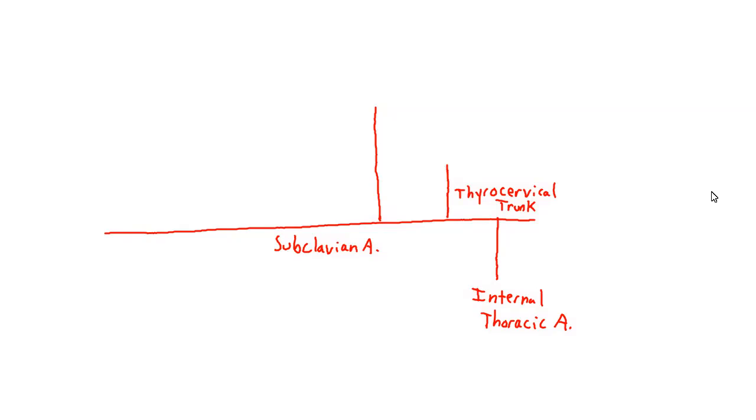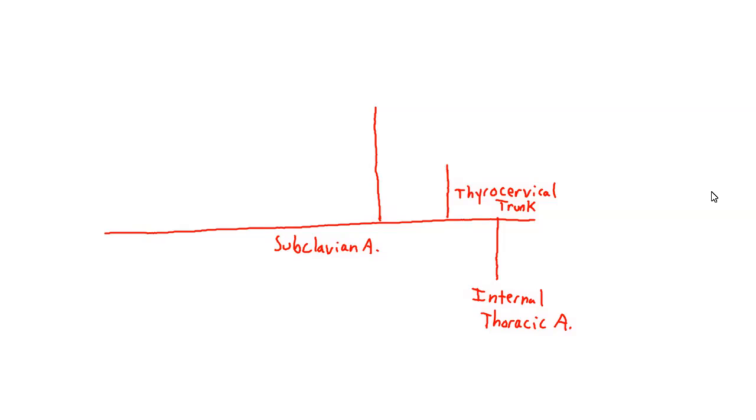Now, big thing to note here is you've seen me label this first branch the thyrocervical trunk. If you look in Netter's, one picture in Netter shows the thyrocervical trunk more proximal than the vertebral artery, and another picture shows the vertebral artery more proximal to the thyrocervical trunk.